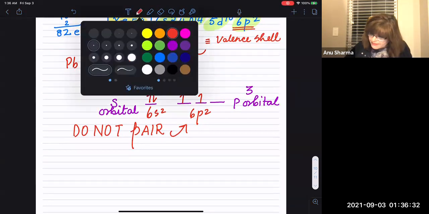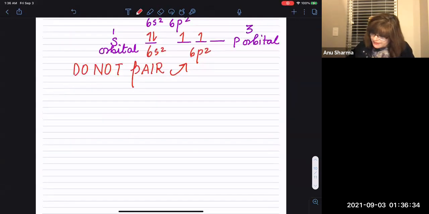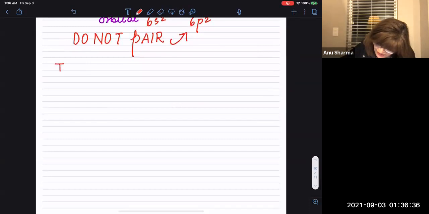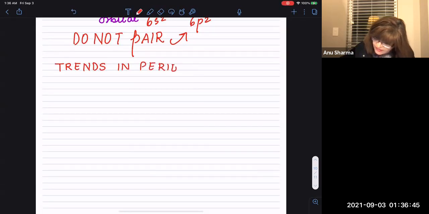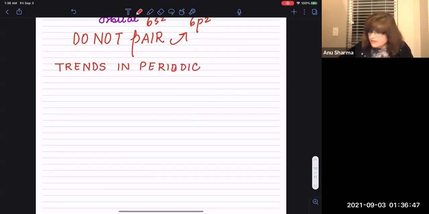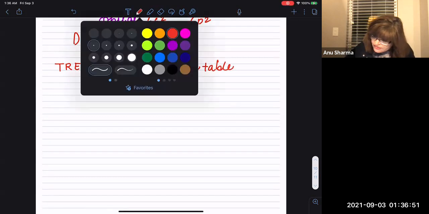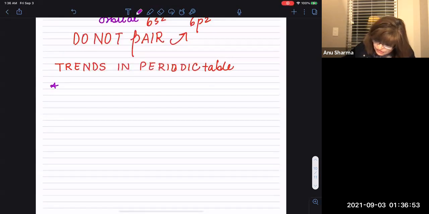But that's one piece. Now there comes the last piece, which is the trends in the periodic table. All right, now there are 3 major trends. One relates to the size.